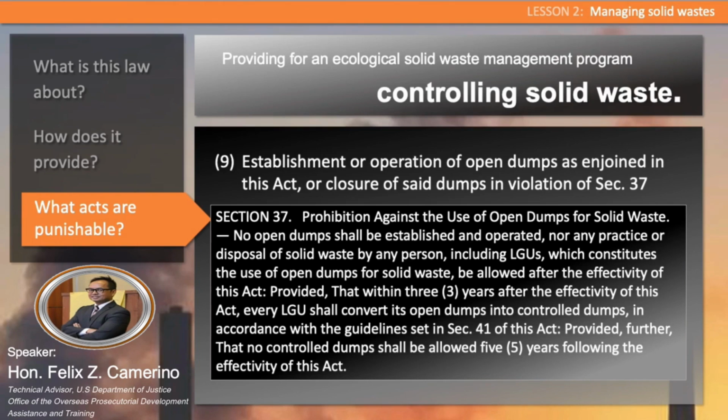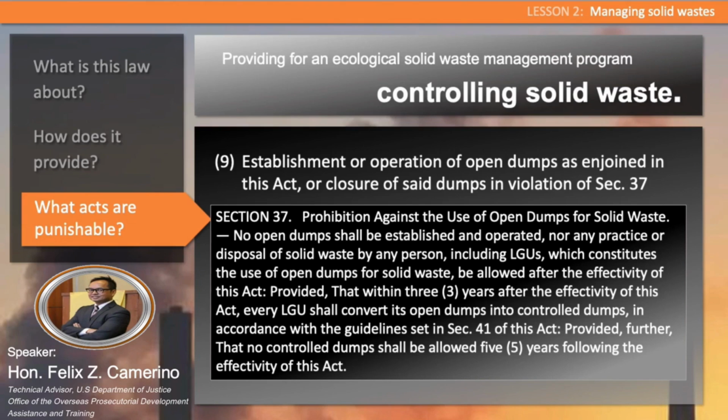However, there is a proviso. It says, provided that within 3 years after the effectivity, LGUs shall convert open dump sites into controlled dumps. So in other words, there is an exception where those open dump sites could still be used, and that exception is only good for 3 years from the effectivity of this law.